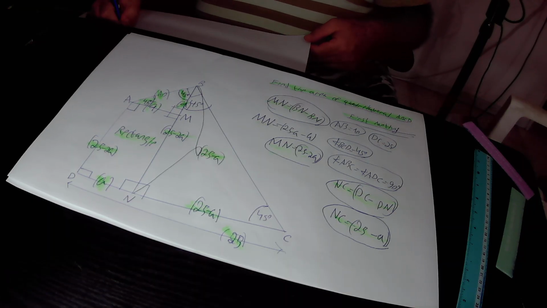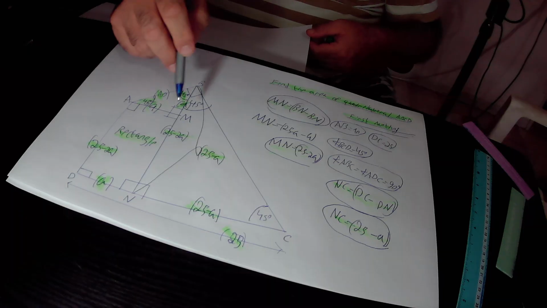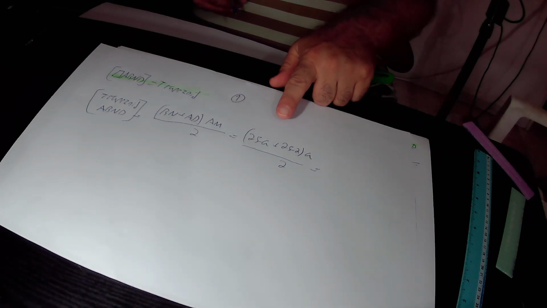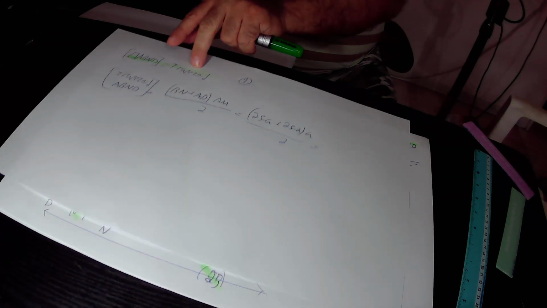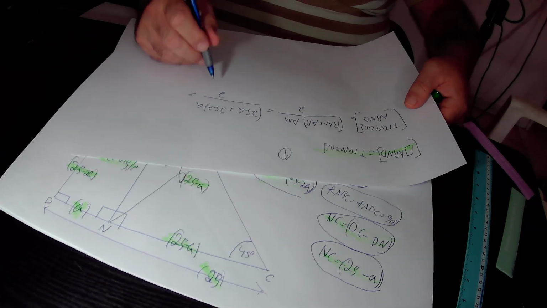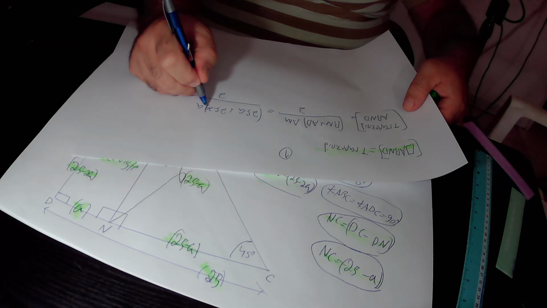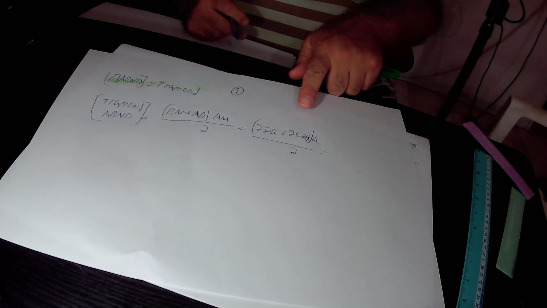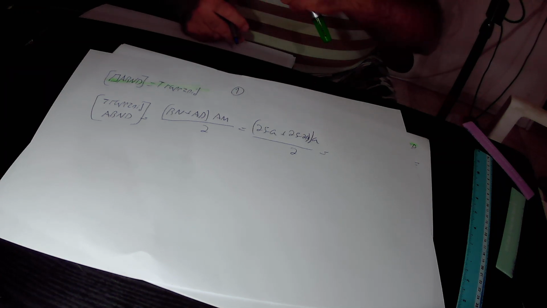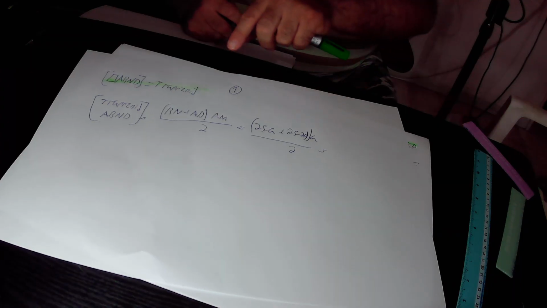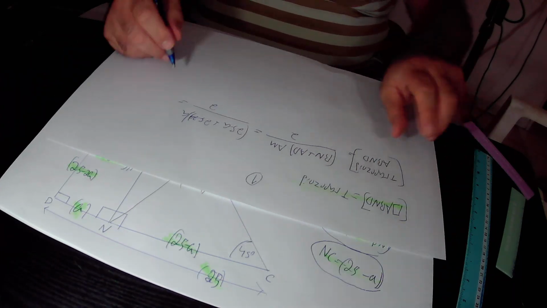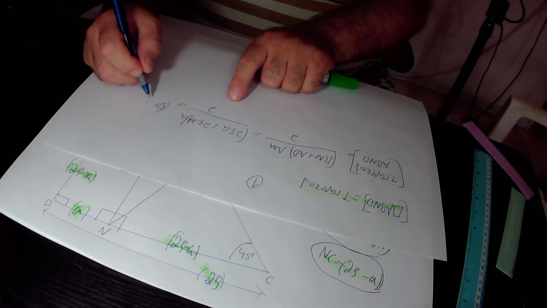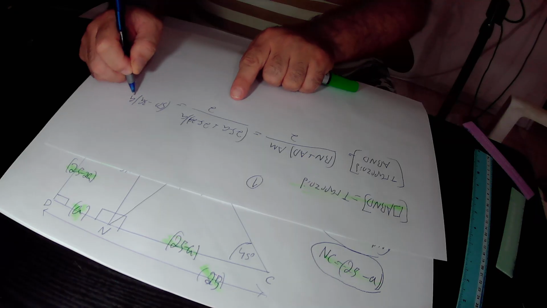So in total, the area of this trapezoid ABND is equal to 25 minus A plus 25 minus 2A, times A over 2. 25 plus 25 is 50, and minus A minus 2A is minus 3A, times A over 2.